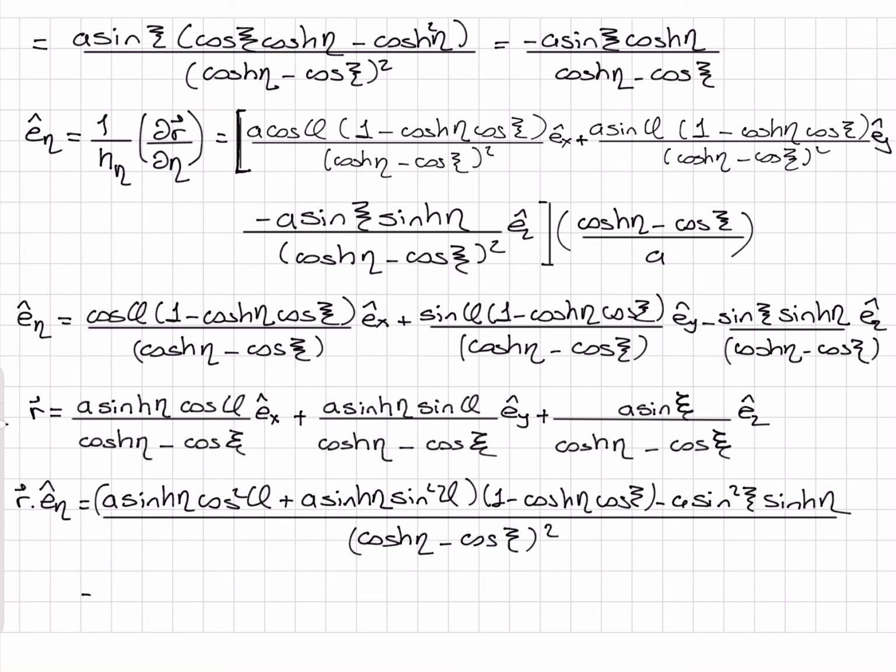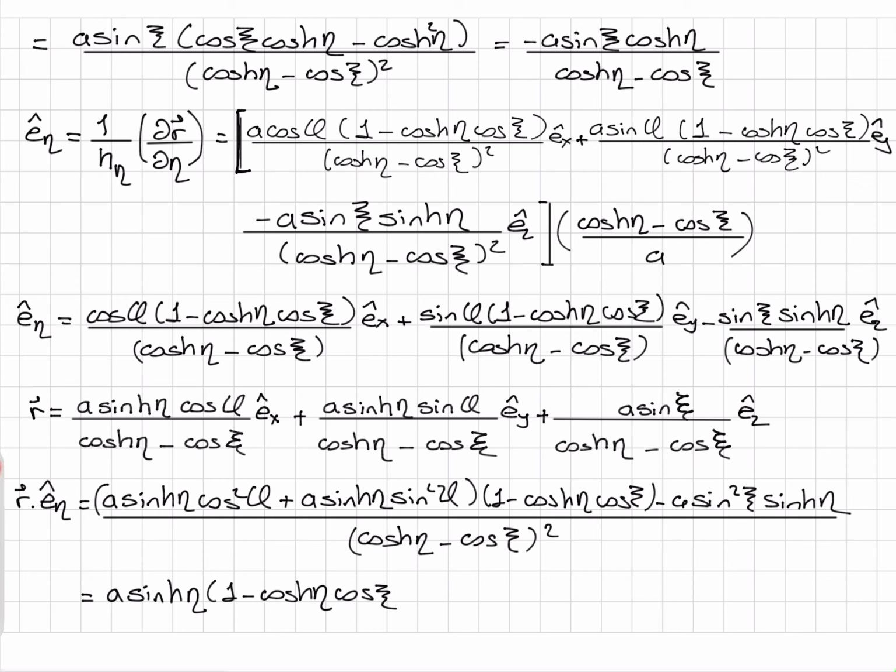And this can be taken into a sine hyperbolic eta parentheses as well. So we will have in that parenthesis cosine square plus sine square, which is 1. And then we have 1 minus cosine hyperbolic eta cosine psi.